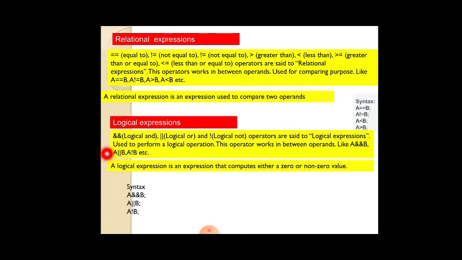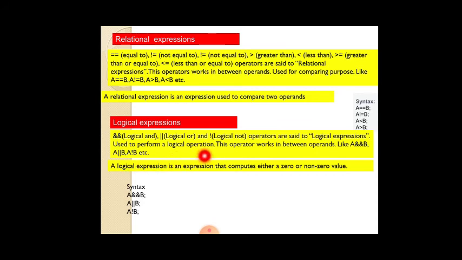Logical expression: logical AND, logical OR, logical NOT. So there are three types here: logical AND, logical OR and logical NOT. These operators are said to be logical expressions, used to perform a logical operation. This operation works between the operands like a and b, a or b, a not b.